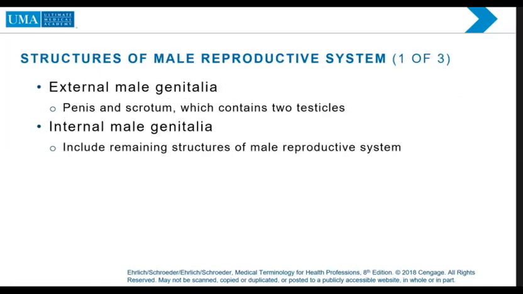Structures of the reproductive system: you have external male genitalia, as we mentioned before, and internal male genitalia. For external, you have your penis and scrotum, which contains 2 testicles. Internal male genitalia includes the remaining structures of the reproductive system.